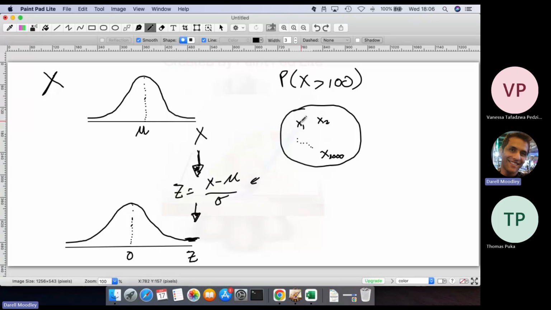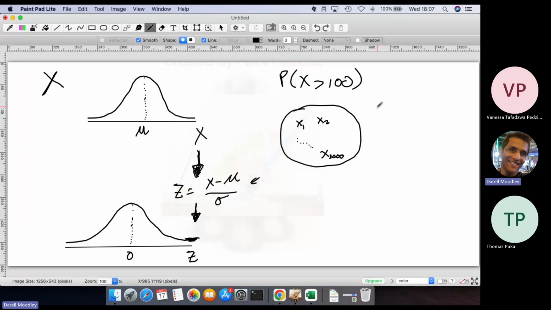Right? So if you want to know the probability of battery 1, that is x1, being greater than 100, then you would follow this process: convert to z, get the probability. Same thing for x2, all the way till x1,000. Now, x1 is, for this example, just the battery lifetime.